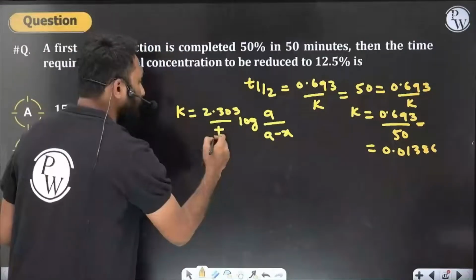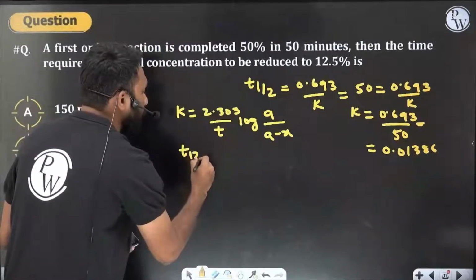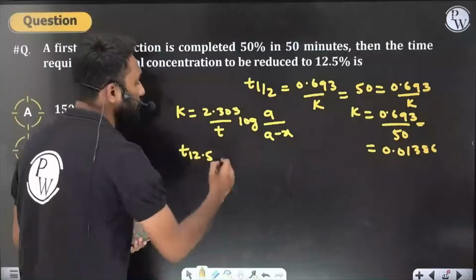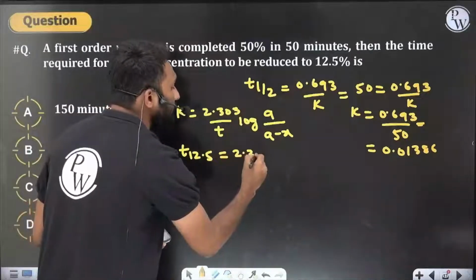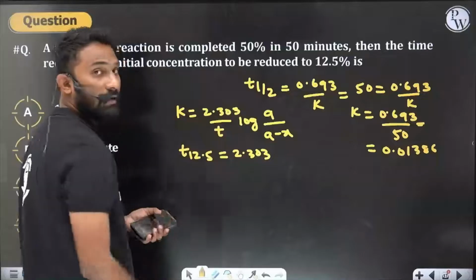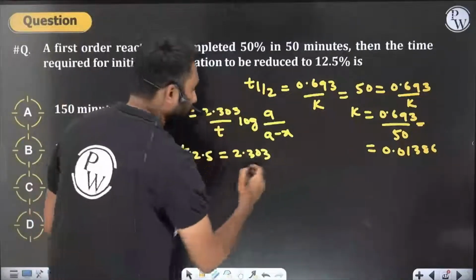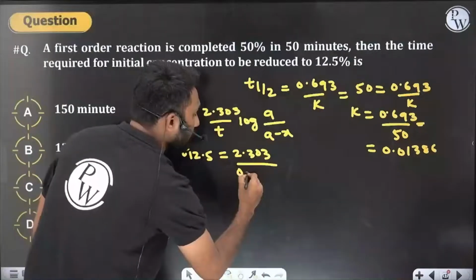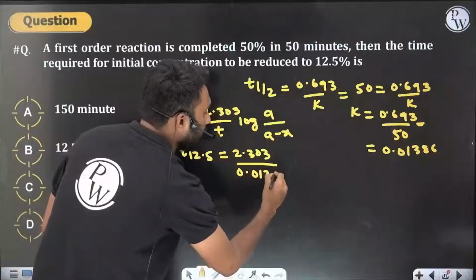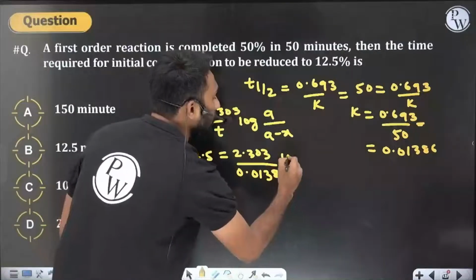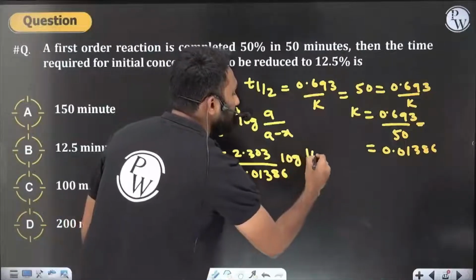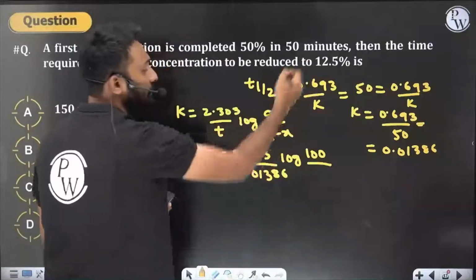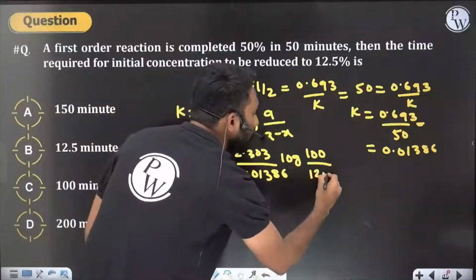Now here t, 12.5% we have reduced. t is equal to 2.303, now I brought the K to the right hand side. Now K, how much did we get? 0.01386, log initial concentration is 100. Now final concentration we have reduced to 12.5.